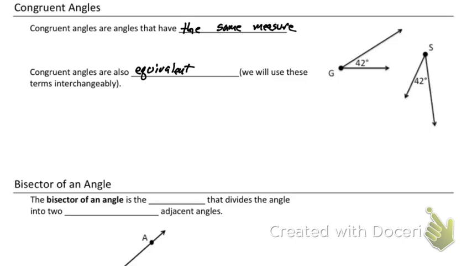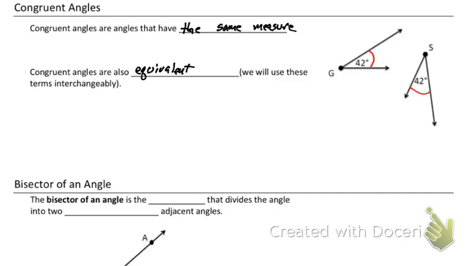All right, we're going to learn 2 bits of new notation here. We agree 42 is equal to 42? Yeah. So we agree that both these are congruent. When you know something's congruent, just like with lines where you put that little tick mark on to show that they're congruent, we have a symbol here, and that's a little arc. If you see an arc here, and an arc on another angle, it means they're automatically congruent.